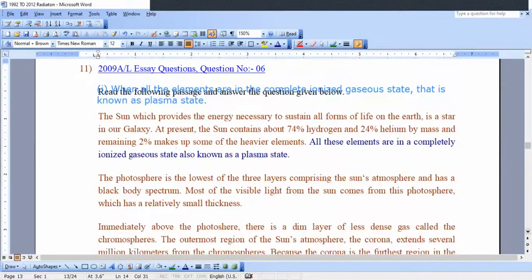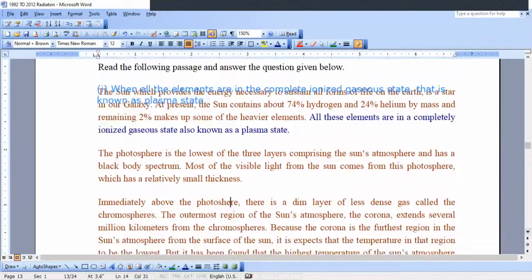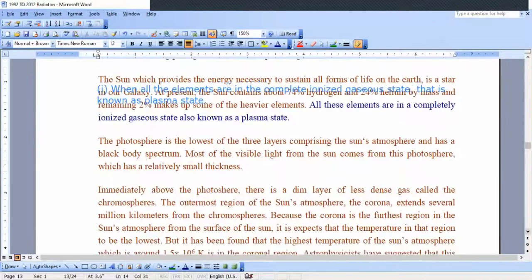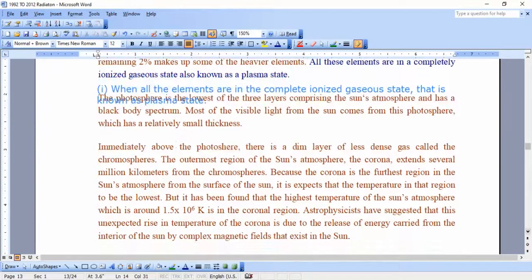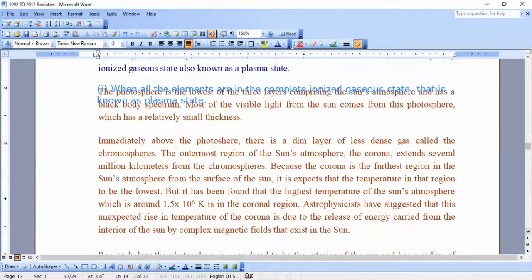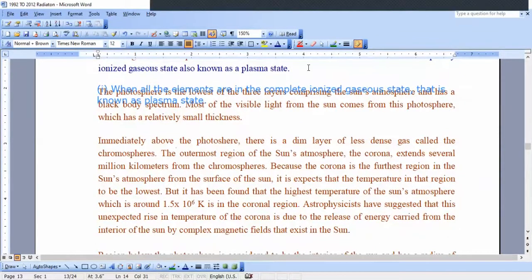Where can we find? In the first paragraph, no. What about the second and third paragraph? What are they here? Photosphere, chromosphere, and corona. Are they in the third paragraph?